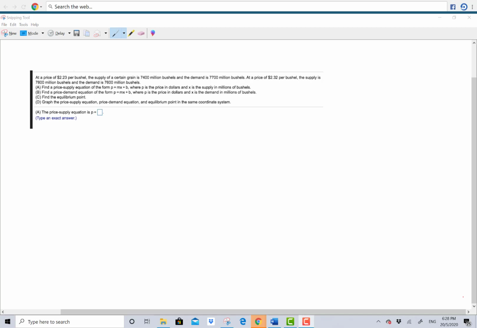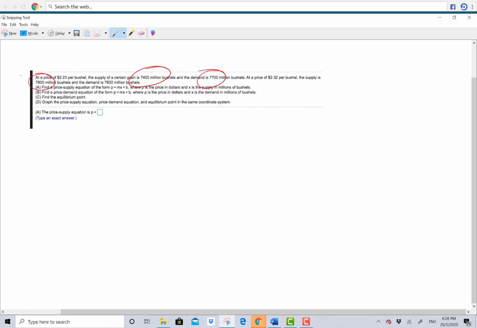They say that at a price of $2.23 per bushel, the supply of a certain grain is 7,400 million and the demand is 7,700 million. At $2.32, the supply is 7,800 million and the demand is 7,600 million.